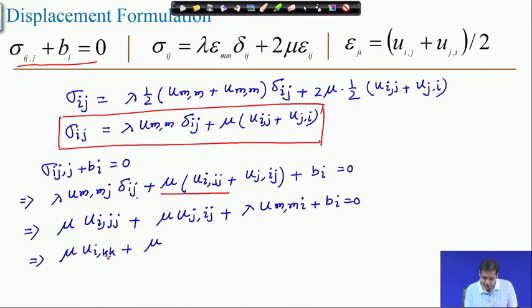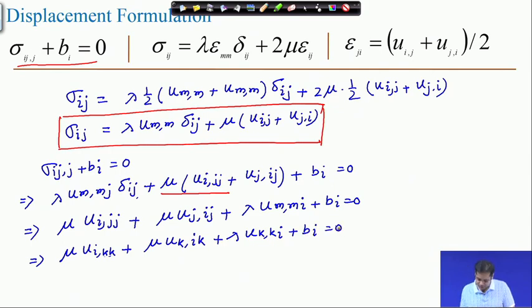So, k is the summation over k equal to 1 to 3, and j j and k k are the same. This becomes mu u i comma k k plus mu u k comma i k, and lambda u k comma k i, plus b i is equal to 0.